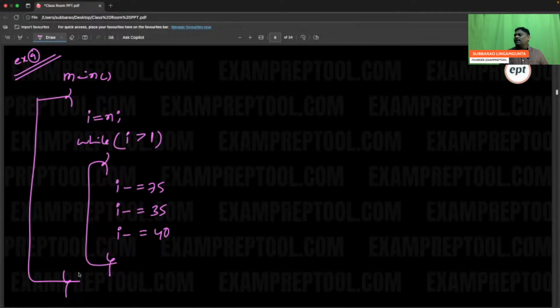Same thing as whatever plus is going on, the same thing happens with minus also. Can you check?